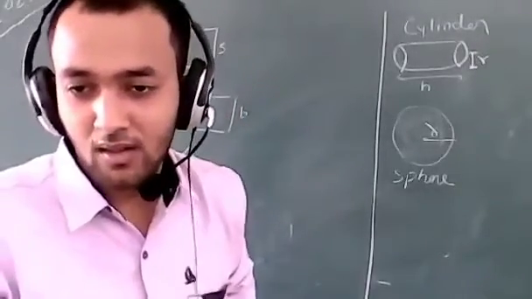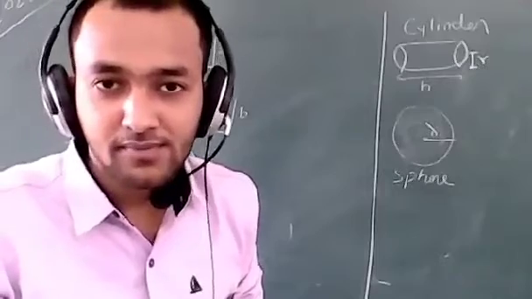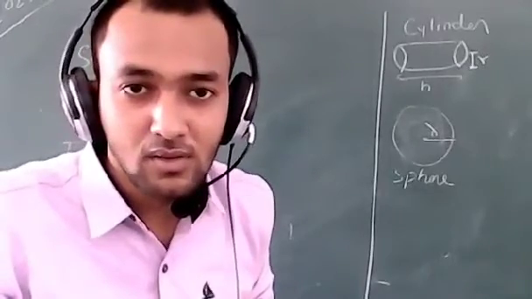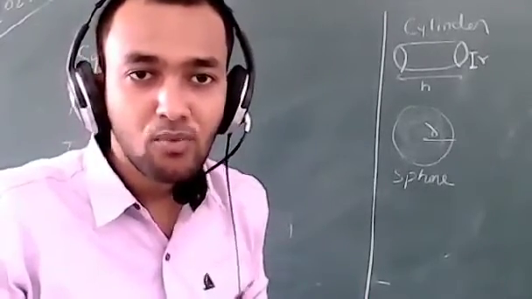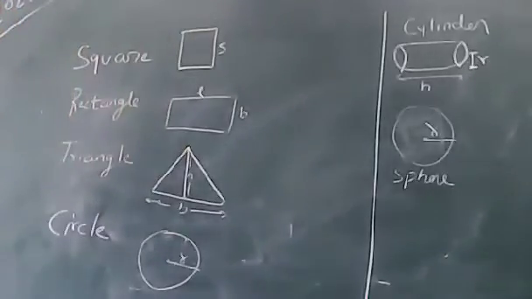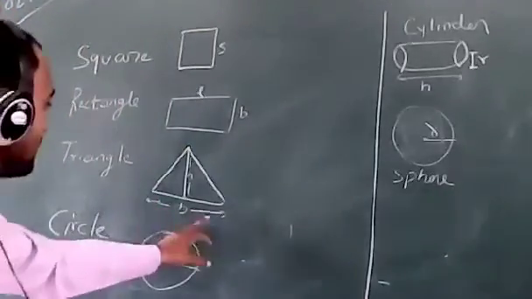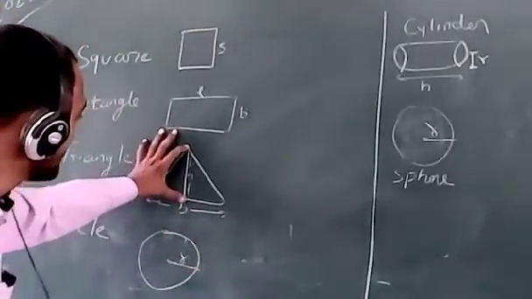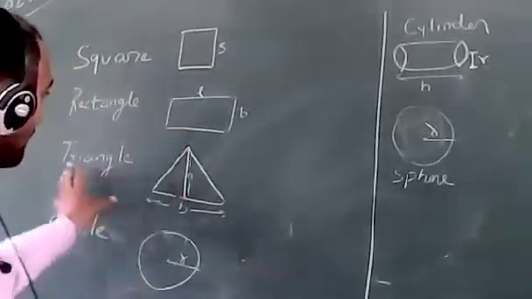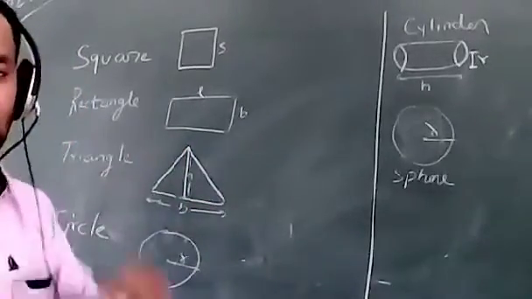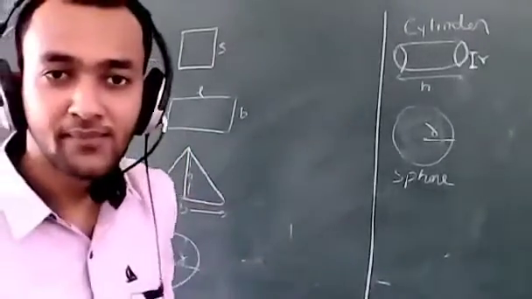So let me ask you the third one. Purva 7E, what will be the area of a triangle if its base is B and its altitude, or we can say height, is H?